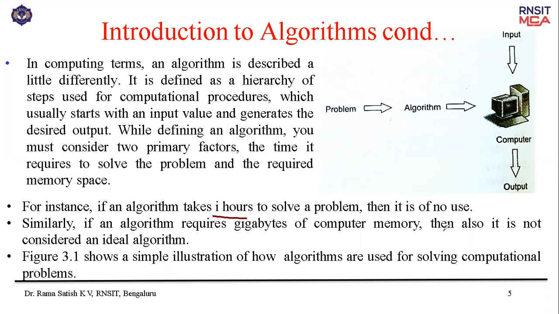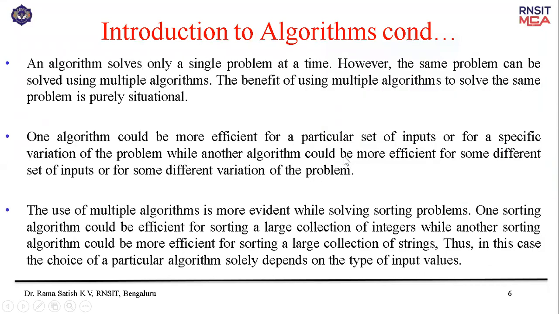And of course, this particular figure illustrates how these algorithms are used. For any problem, algorithms play a very important role. An algorithm converts your input into the right output. That is one thing you should always understand. Now, an algorithm solves only a single problem at a time.